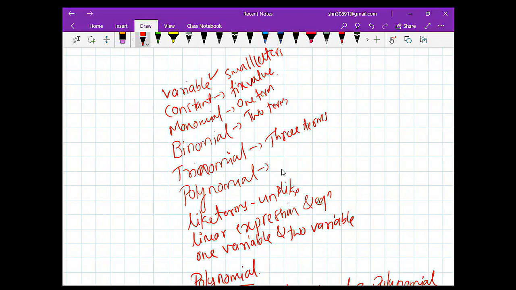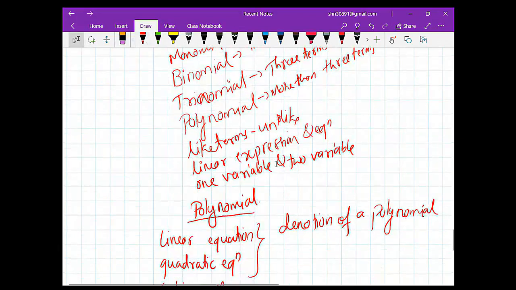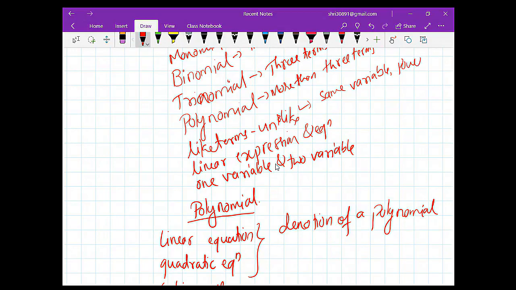Polynomials, more than three terms. In general, monomial, binomial, and trinomial are also polynomials. Then like terms and unlike terms. Like means the same variable with the same power.